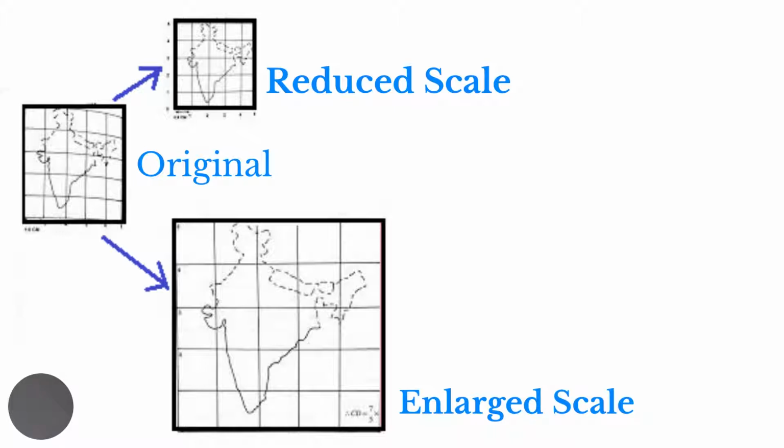We can reduce and enlarge maps by changing the spacing of the grid lines and then using these grid lines to guide us in copying the features we would like to show from the original map.